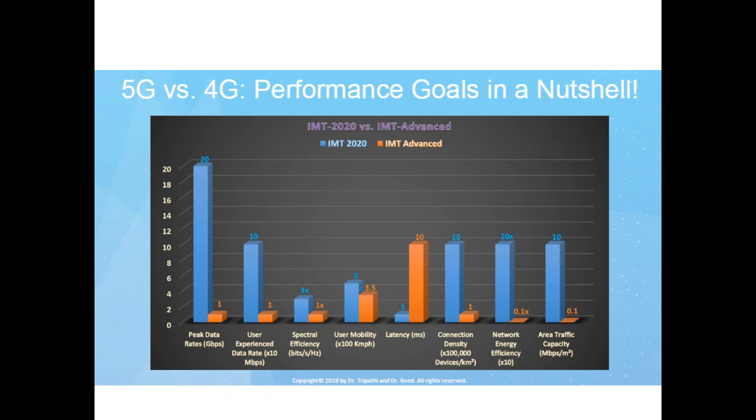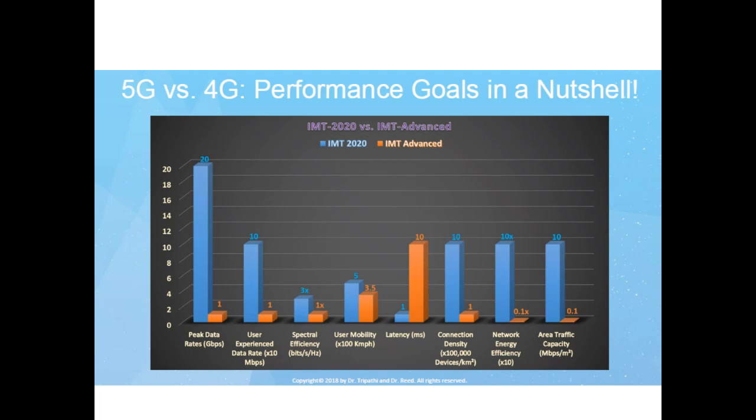Okay, so in order to realize some of the technological advances that we just now saw, the wireless technology has to improve in multiple different aspects, and those are summarized on this chart.